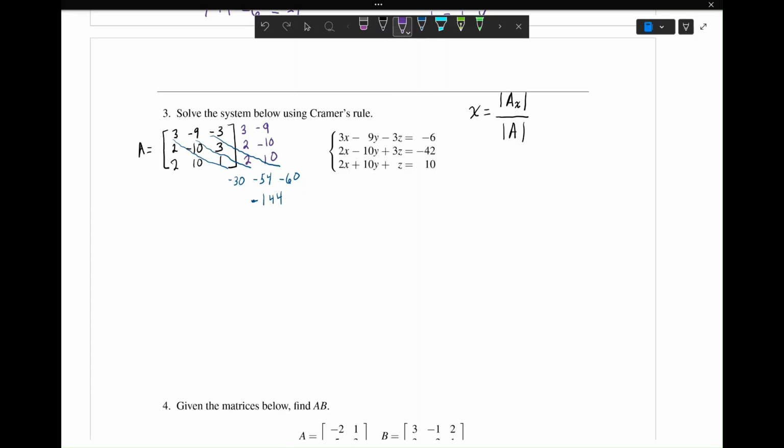And then I do the same thing with the diagonals going up. I'll multiply these together to get positive 60, since there are two negatives in there. Multiply these together to get 90. And multiply these together to get negative 18. And so those add up to 132.